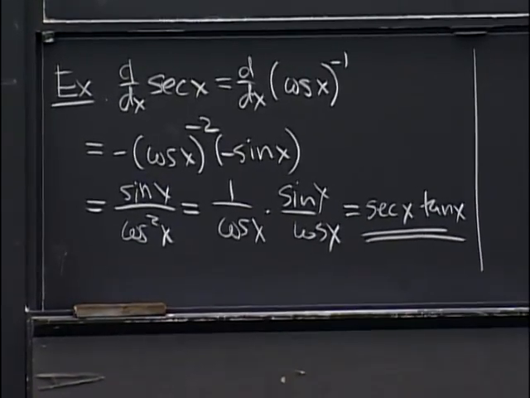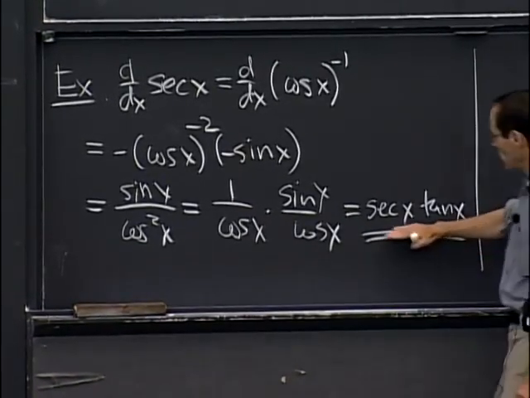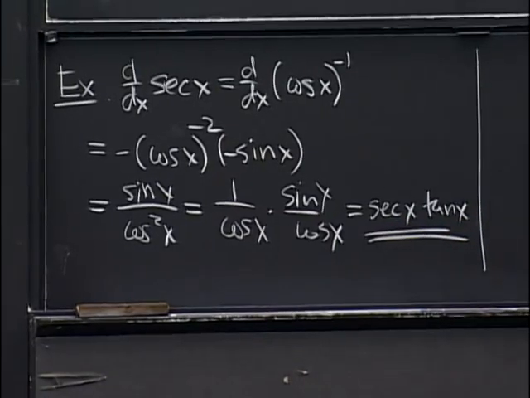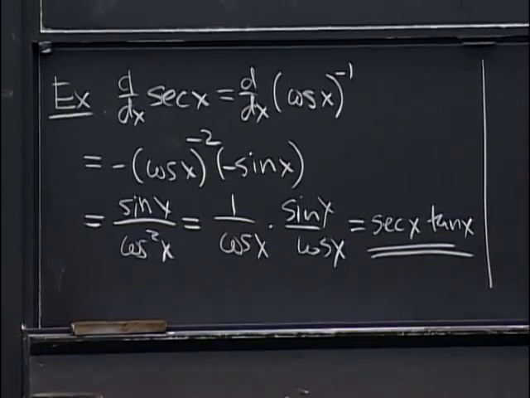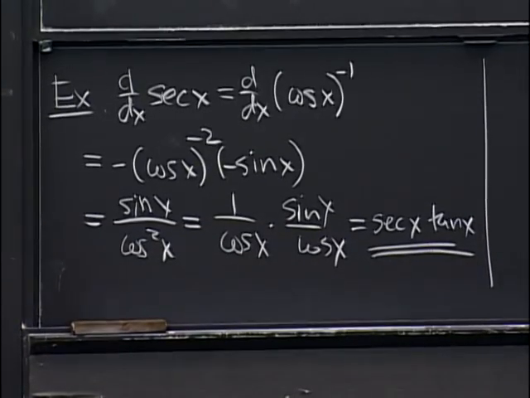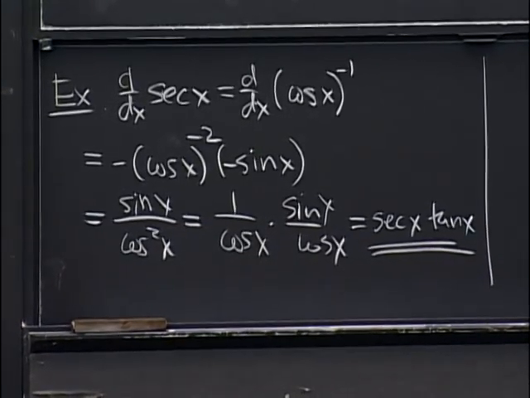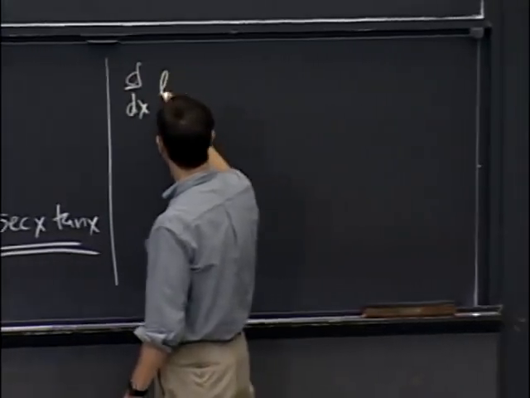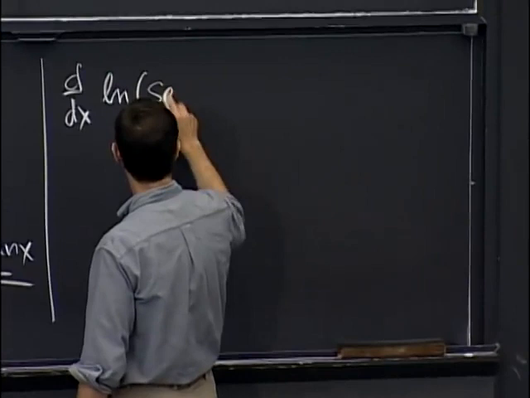And so you need to watch out, because if you ever want to use this kind of calculus, you'll have to not be put off by all the secants and tangents. All right, so getting slightly more complicated, how about if we differentiate the natural log of secant x?